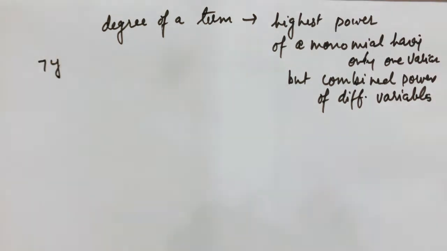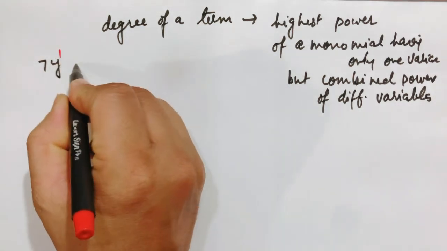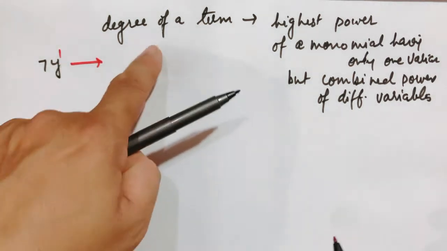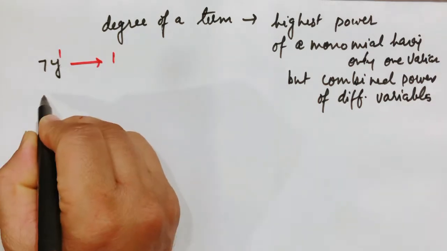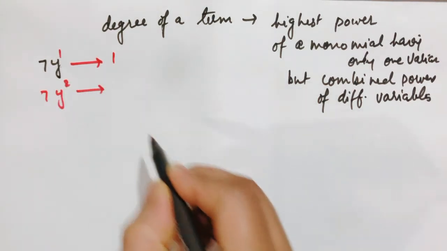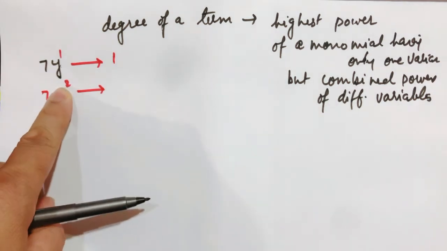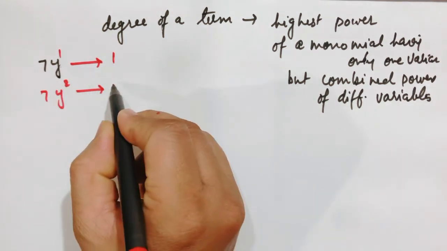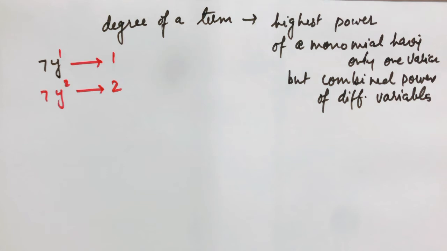So here the power of the variable is 1, so we will say that the degree of this is 1. If it is 7y square, here the maximum degree of y is 2, so it will be 2 only.